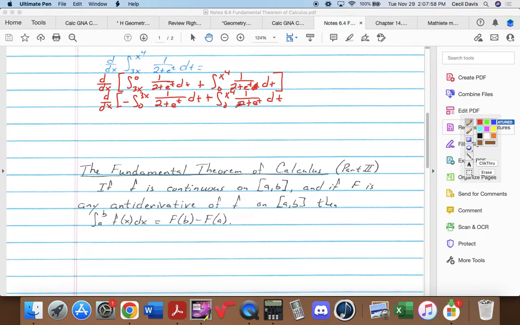In both cases, I'm going to have to use what? Chain rule, because this is not just x. So this is going to be negative 1 over 2 plus, we'll replace the t with 3x, so that's e to the 3x, times 3, plus 1 over 2 plus e to the x to the fourth times the derivative of x to the fourth, which is 4x cubed.